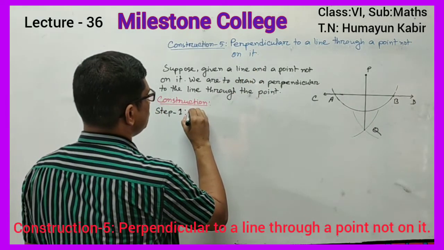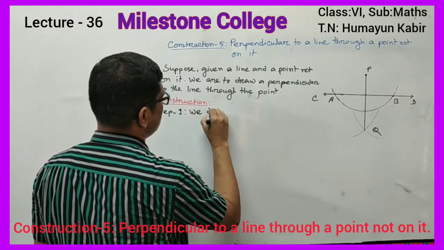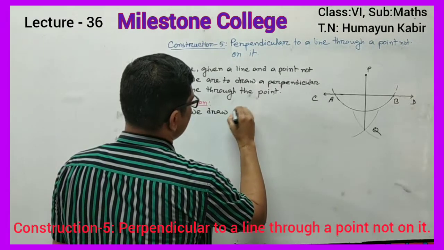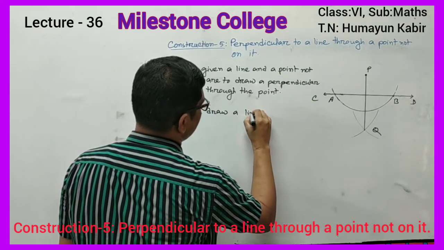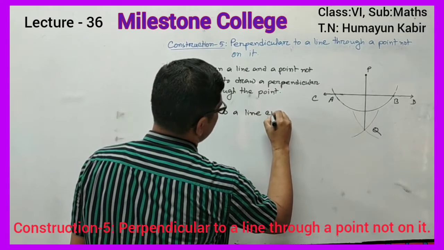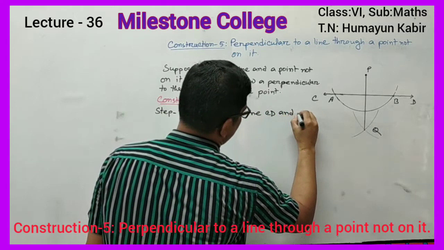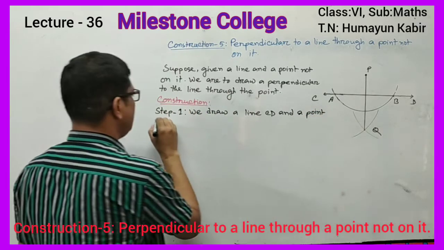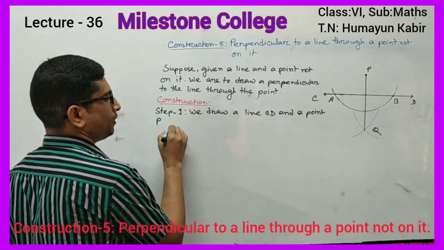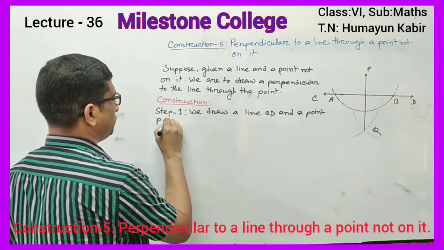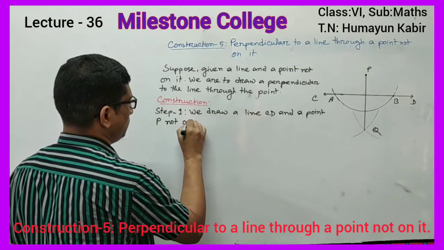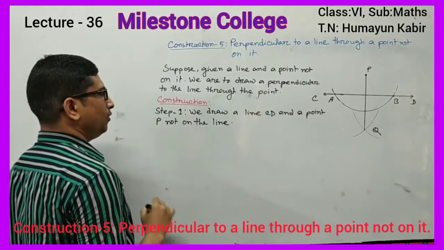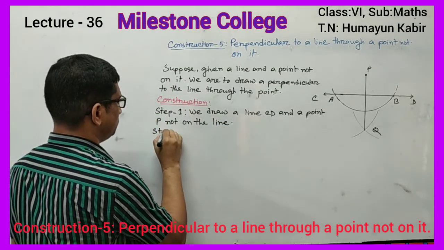Here we draw a line CD and a point P not on the line. Okay, now step 2.